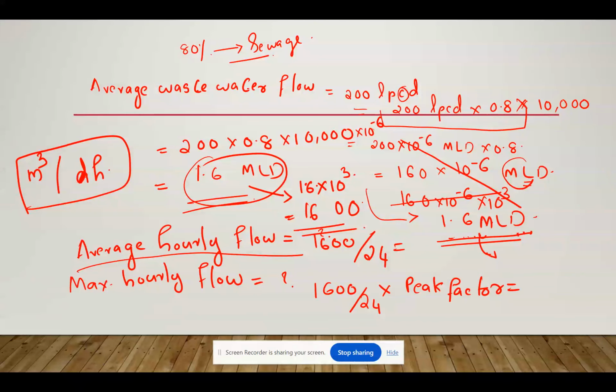So here we have got the 1 day full for the 24 hours. This is the flow we got, 1600. To calculate the hourly flow, we have to divide it with the 24 hours.